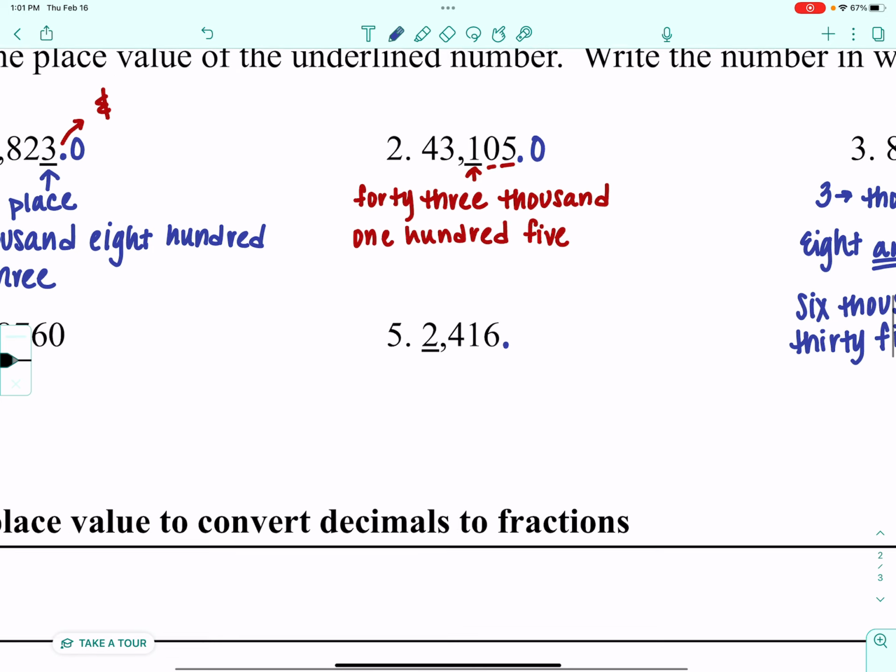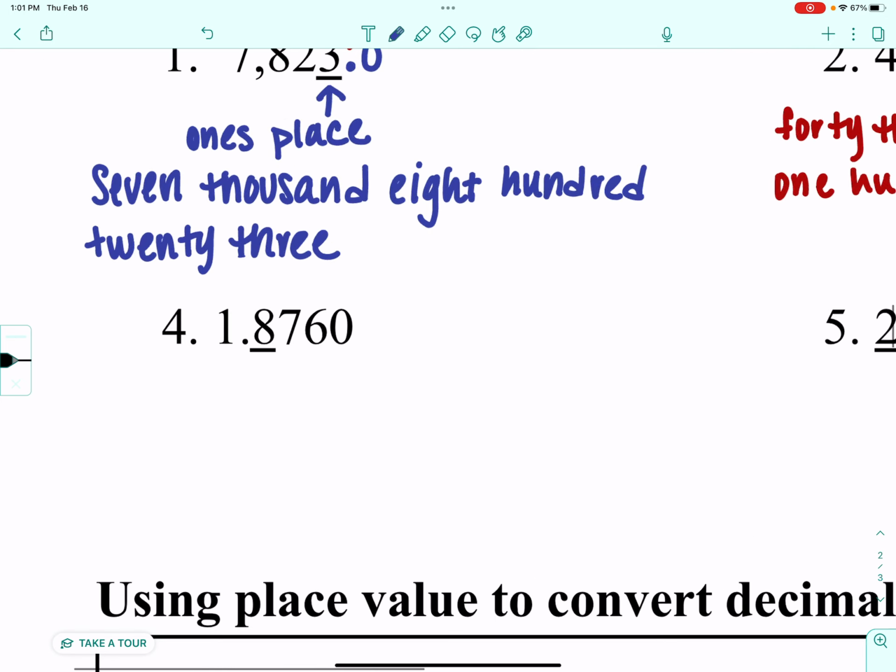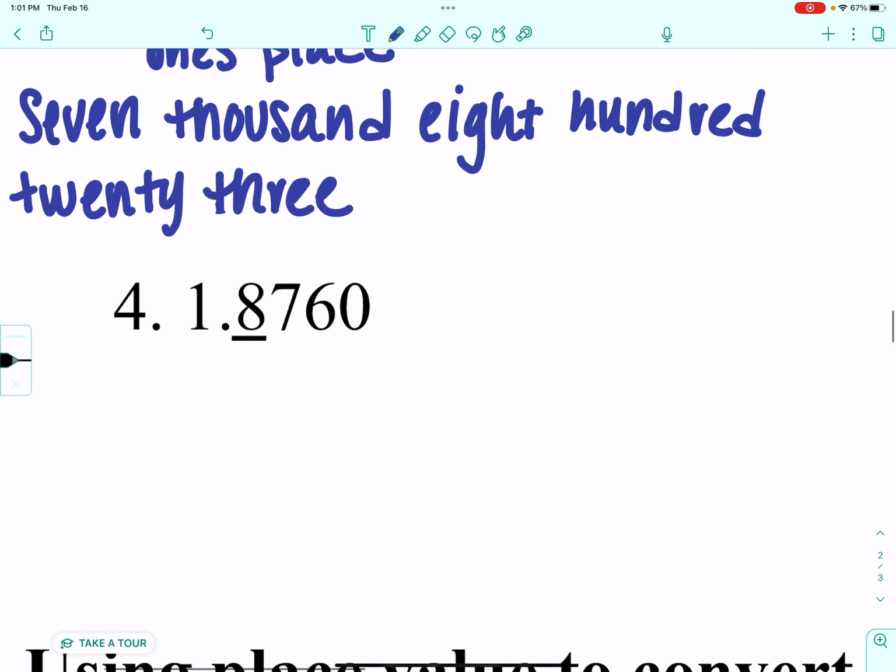We'll do one more with a decimal place. First, my 8 is in the first place behind the decimal, to the right of the decimal. So our 8 is in the tenths place.